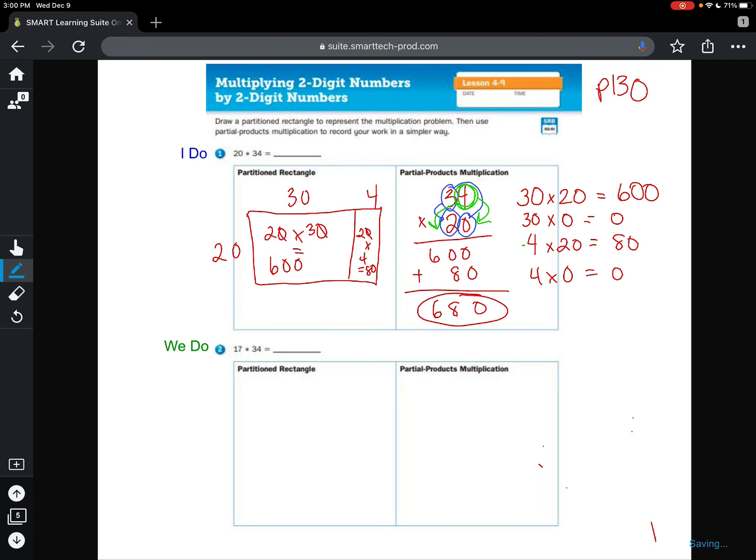And then I did 4 times 0. So all of my digits met with each other and did multiplication. And then I added up the answers that I got from doing that multiplication. So what I want you to do now is to copy this work down into problem number 1 in your journal, and then we're going to move on and try number 2 together.